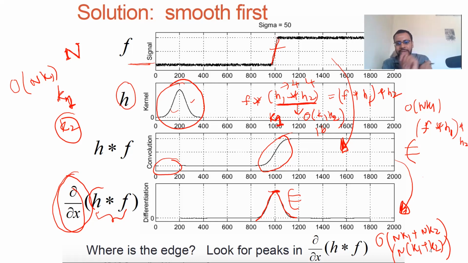It will vary with maybe some value here and there, but to avoid any confusion, let me call the size K3. Now, what is the computational complexity in terms of multiplications when I convolve f with K3? This is of size n, so n times K3.